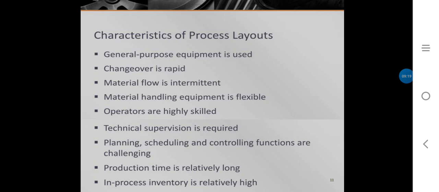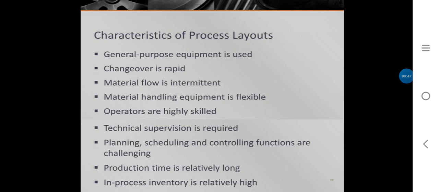As an example, we can't use the same surgery technique for one patient as for another patient, so changeover is rapid. Material flow is intermittent, material handling equipment is flexible, and operators are highly skilled. Surgeons can do the surgeries because they are highly skilled operators, and skilled supervision is required.